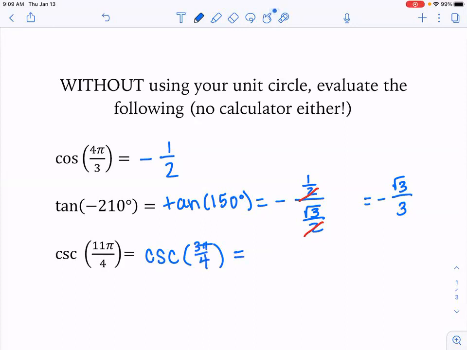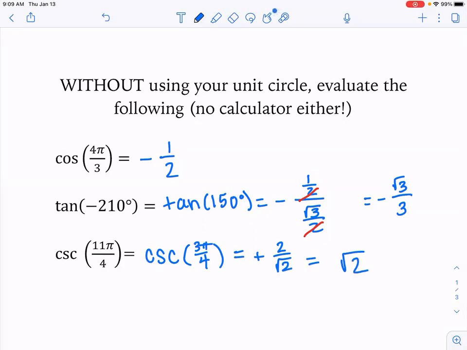Okay, so 3 pi over 4 is in the second quadrant. Is cosecant positive or negative? Is the sine positive or negative in the second quadrant? Positive, and we're taking the reciprocal of our sine, which reduces down to radical 2.